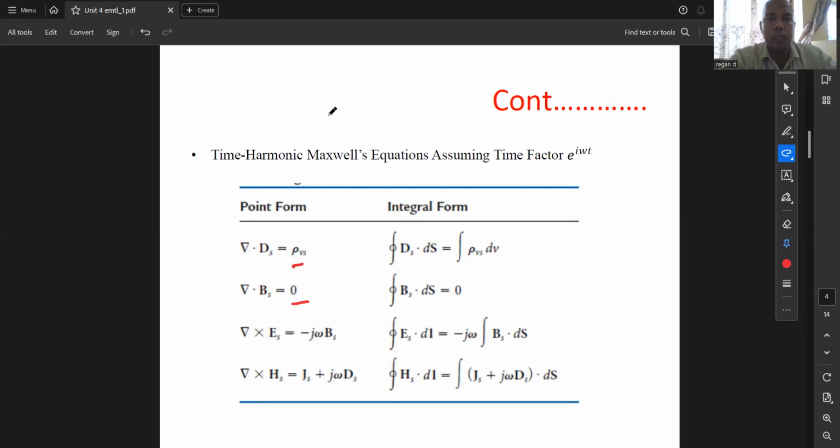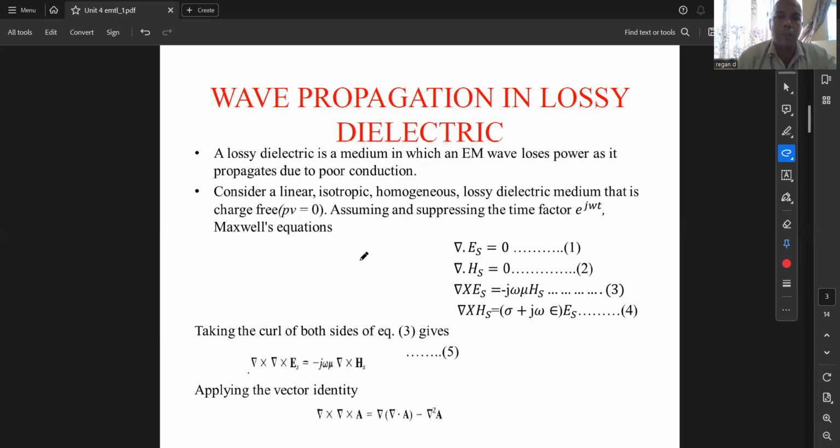If it is charge-free, then for del dot D, we know that D is equal to epsilon E, and in the same way B is equal to mu H. So we apply these conditions, so that del dot D becomes del dot Es is equal to 0, because we assume that this lossy dielectric medium is charge-free.